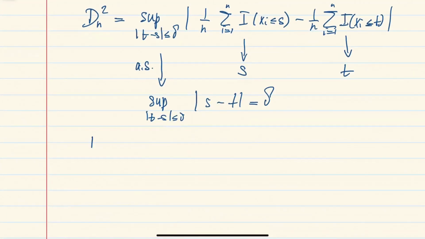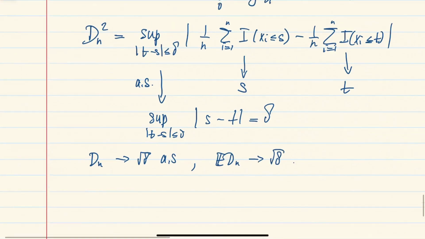So as a result, dn converges to the square root of delta almost surely, and notice also that dn is bounded. So by the dominated convergence theorem, the expectation of dn converges to the square root of delta.